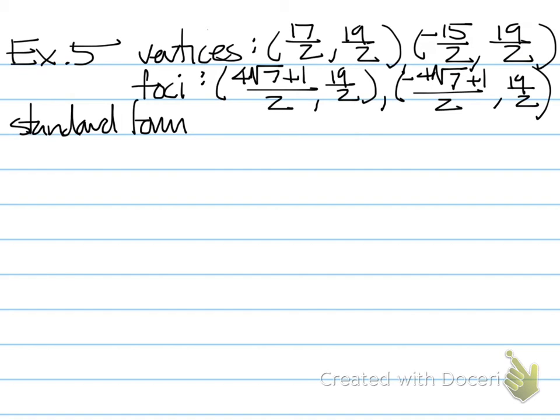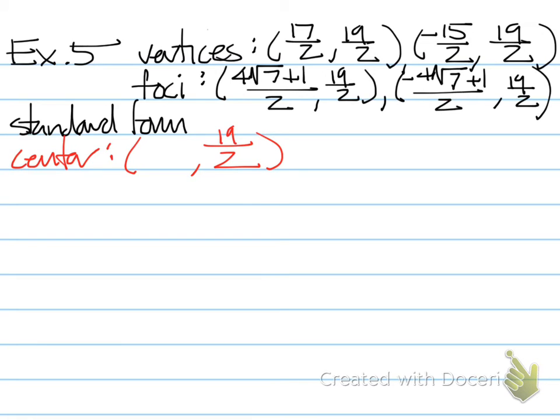Given the coordinates of the vertices and the foci, we should be able to write the equation of the ellipse in standard form. So first thing we want to determine is the center. If I look at the vertices, they are on the major axis.